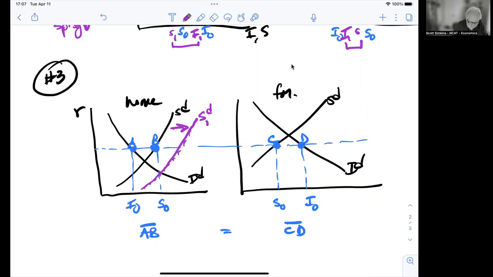So maybe about here. Right, it's the difference between here and here, here, here, right? All that E and F, G, H.